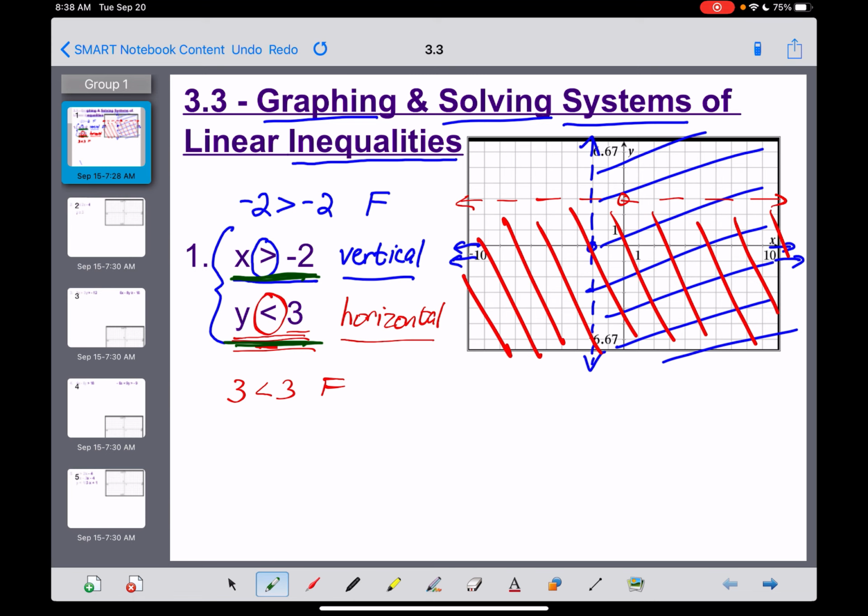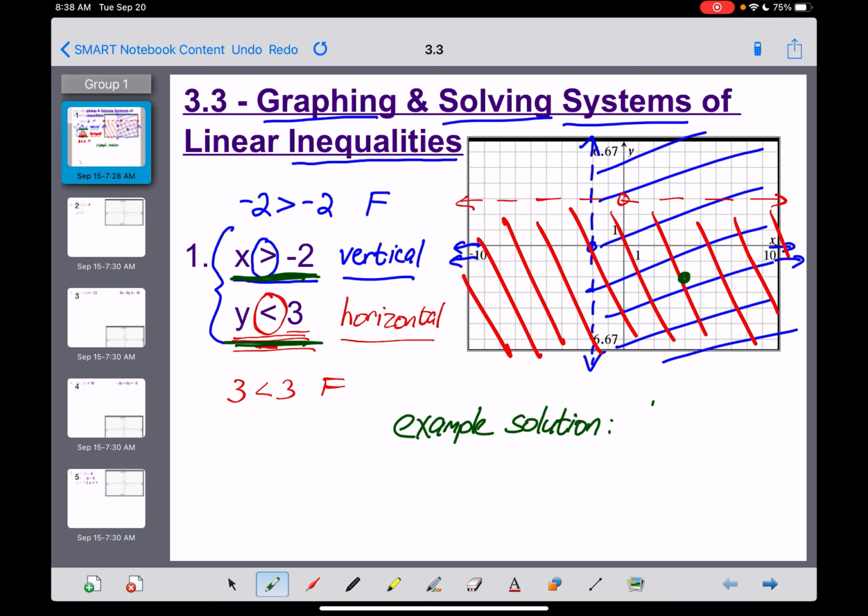Now, there are an infinite number of points in this double shaded region, but what I'm going to have you do is just write down one example solution. I want to be clear, this is not the only solution, this is just one point. If I were to choose, I'm just going to randomly pick this point right over here, that looks like it's in the double shaded region.